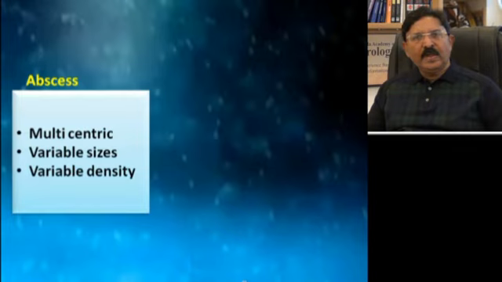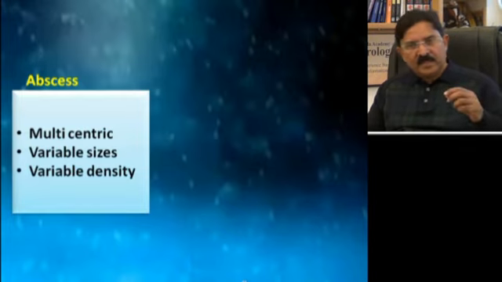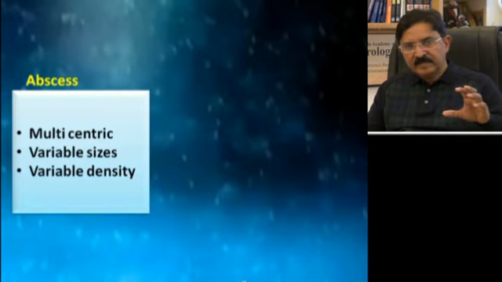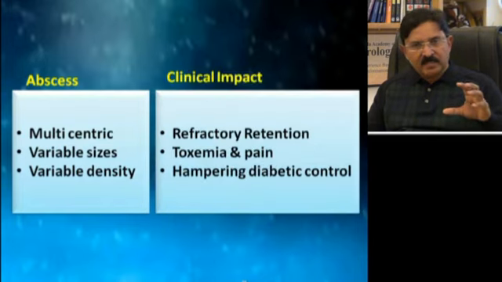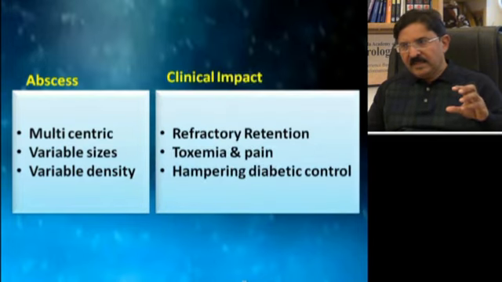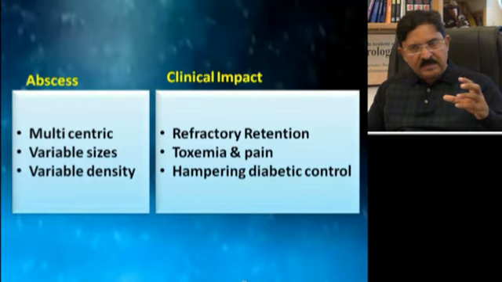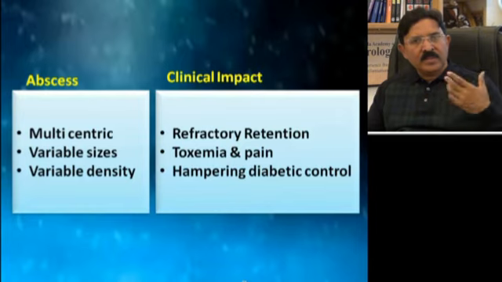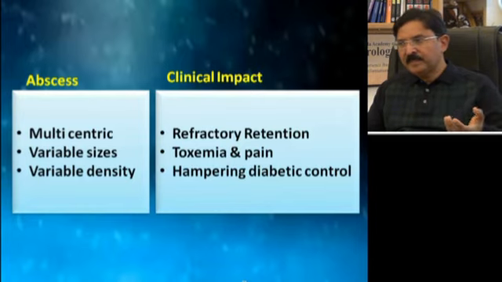But when you have prostatic abscesses which are multicentric, and each abscess has a different size and the fluid of each abscess has variable density, such an abscess gives rise to clinically refractory urinary retention, also toxemia and pain in the perineum.